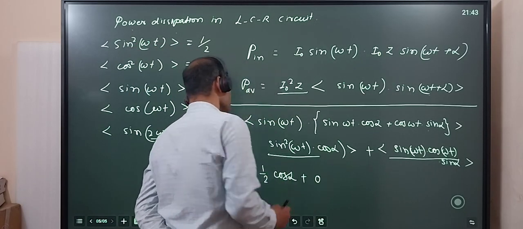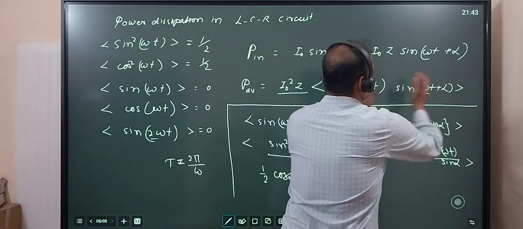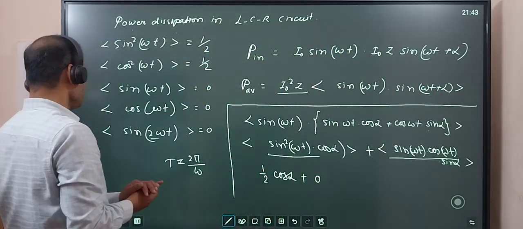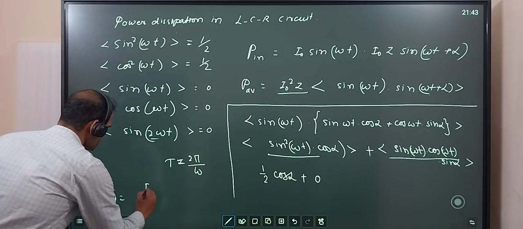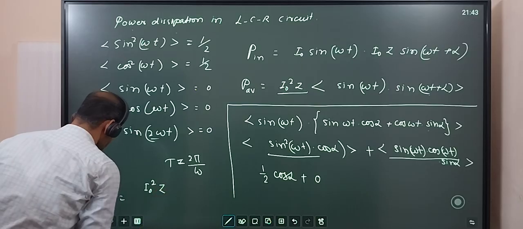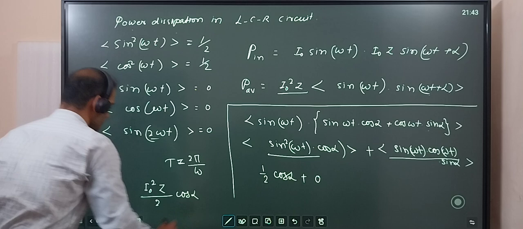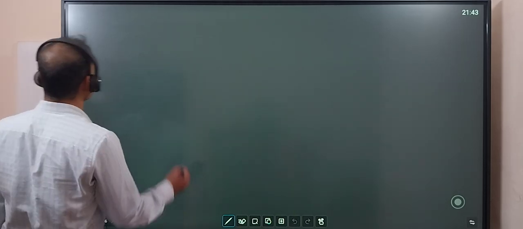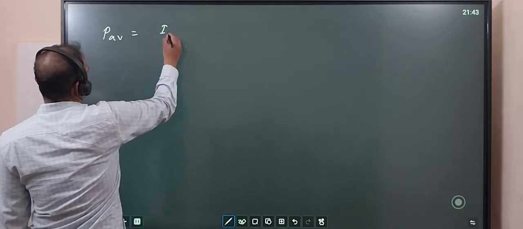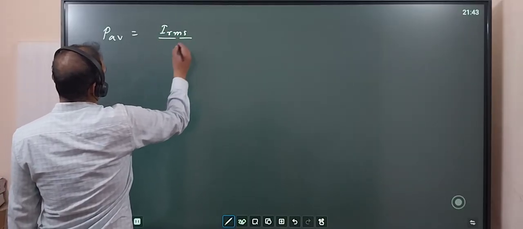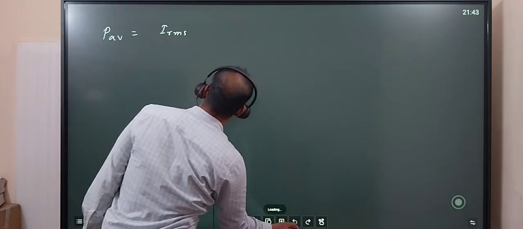So for this part I am going to get half cos alpha. So P average is I naught square Z by 2 into cos alpha, and P average will be I RMS. Let me write it.